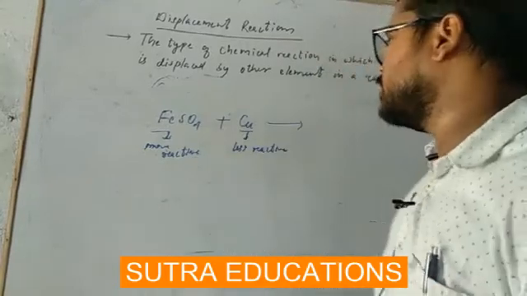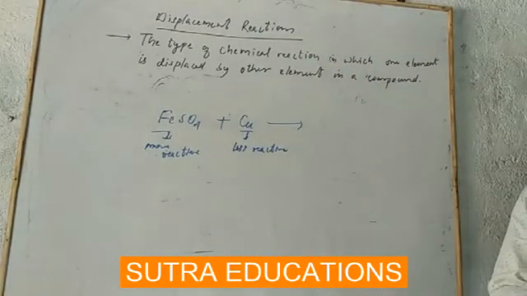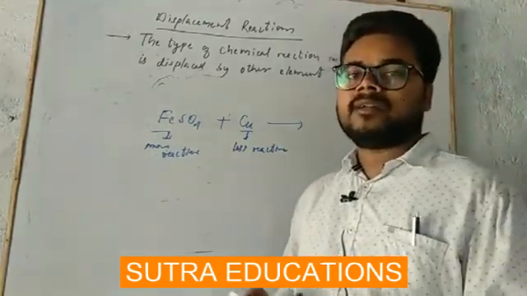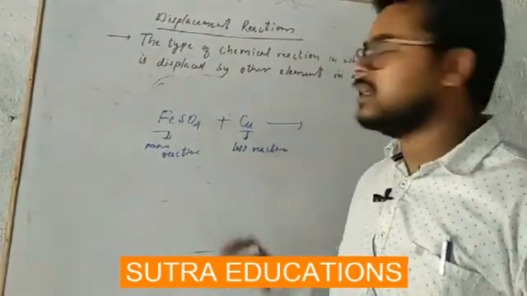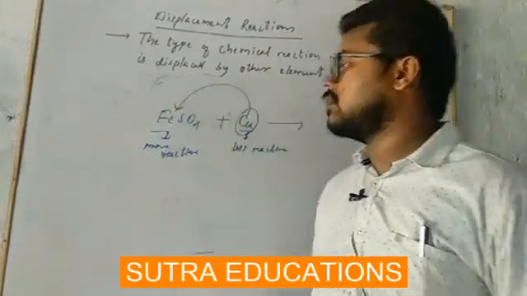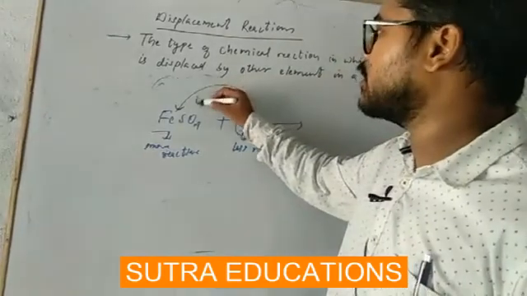So this time a less reactive element is trying to displace a more reactive element, but is this possible? Not at all, because it is less reactive, and a less reactive element cannot displace a more reactive element. So we will say can't displace.